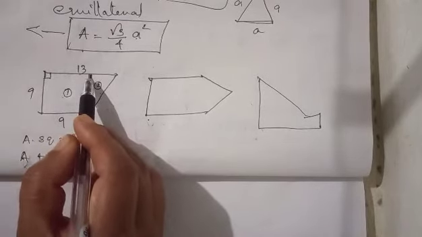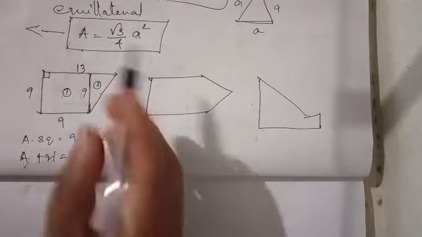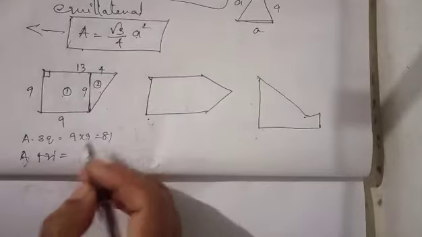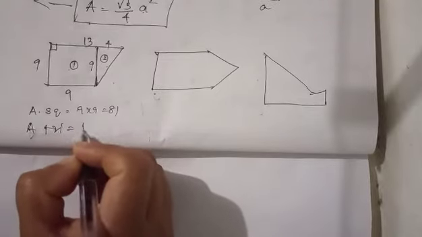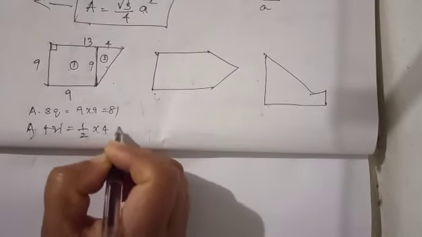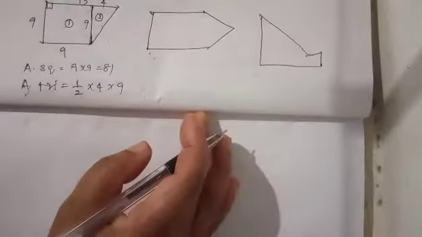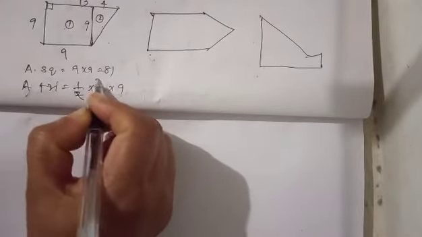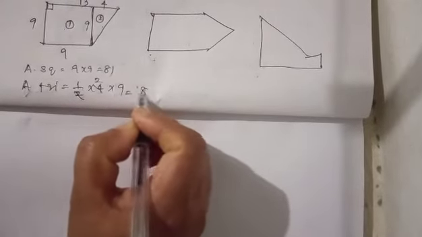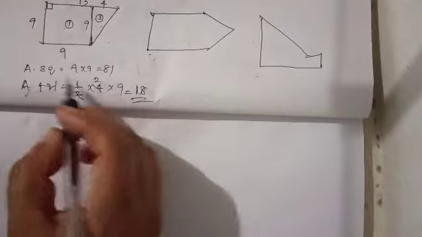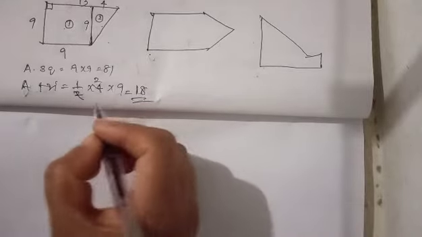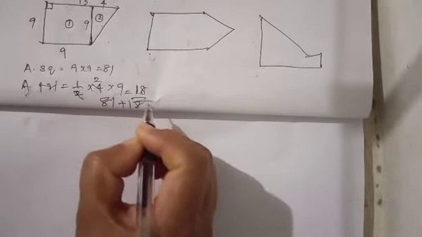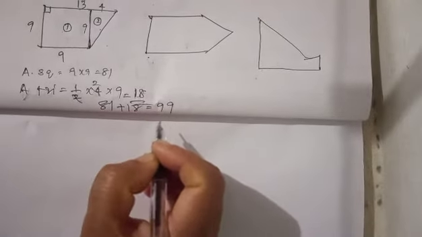Then what is remaining? 10, 11, 12, 13. 4 is remaining. So the area of the triangle is half, base is 4, height is 9, half BH. Then cut the 2: 2 nines are 18. Then what is the area of the full figure? 81 plus 18. It is 99.